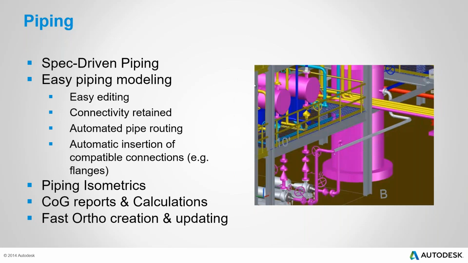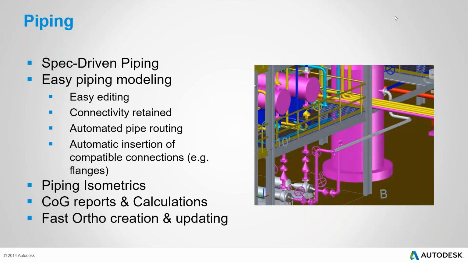You can pick and choose, or you could also choose a workflow where you take the information from the P&ID and start using those information and attributes on top of Plant 3D, and insert those connections inside Plant 3D.